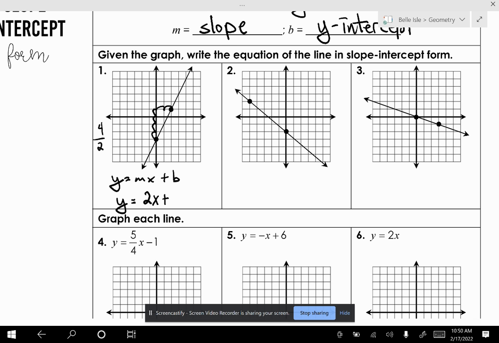What is going to be the b? -3, so it's -3. Perfect. Good. Okay. Go ahead and fill in 2 and 3.